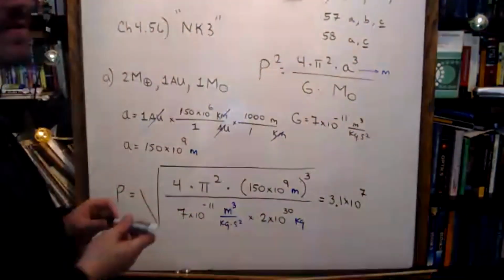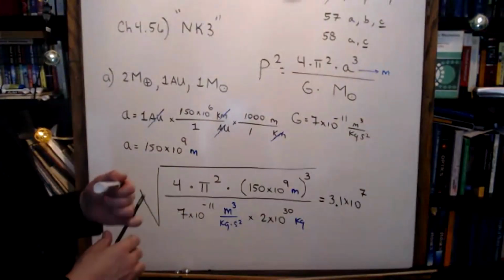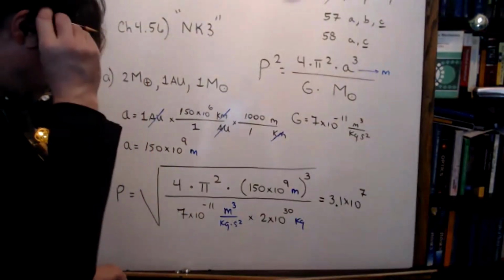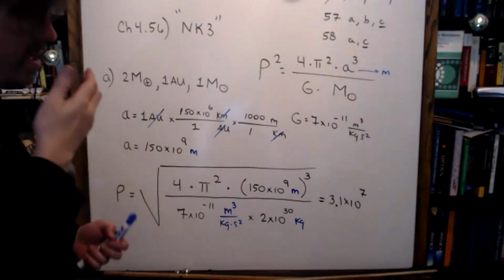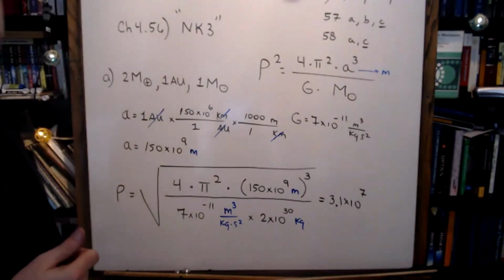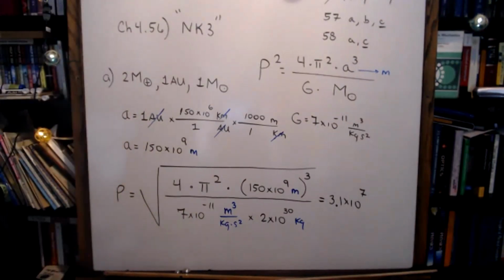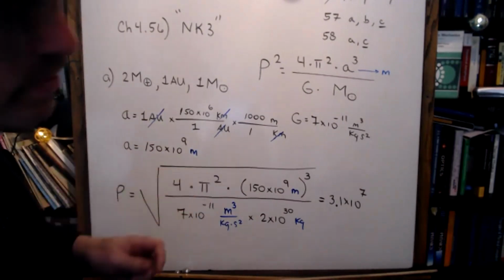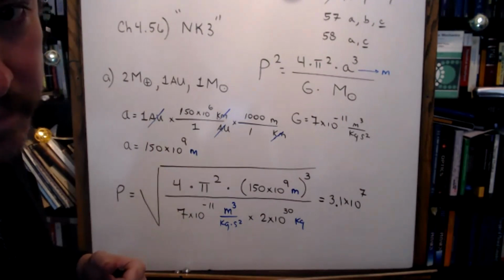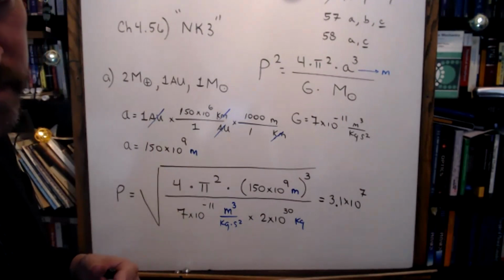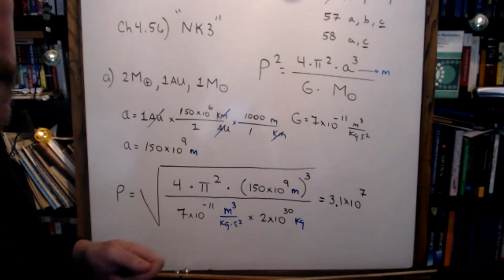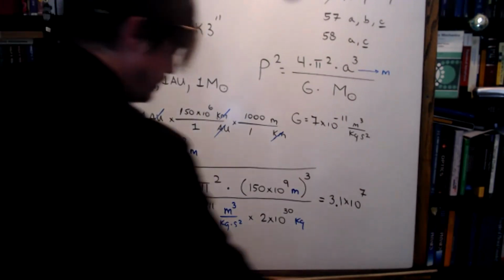What are the units? What's 3.1 times 10 to the 7? Units are kind of tricky here. Seconds. Yeah, so let's look at what happens.